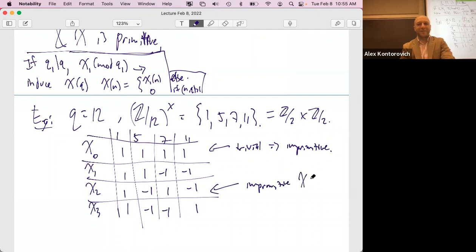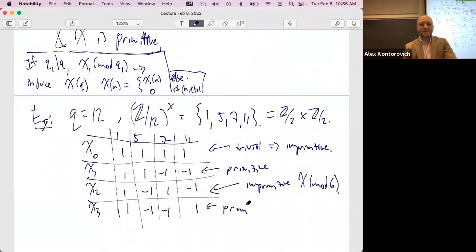It's really a chi mod 6. It's 1 on 1 and 7, which is 1 mod 6. It's -1 on 5 and 11. You don't have so many divisors of 12 to worry about. So once you differ at 1 and 7, it's good enough. So these are the primitive ones.